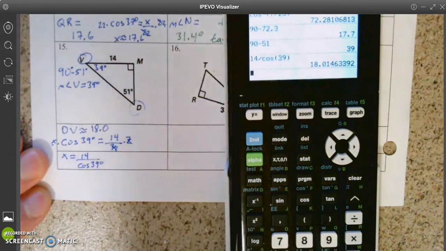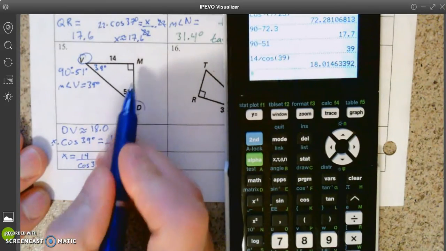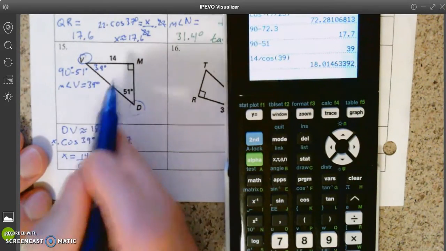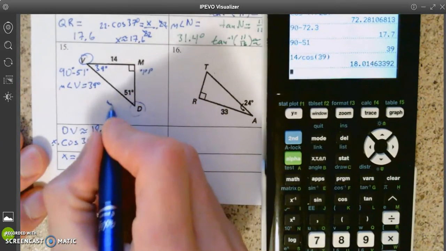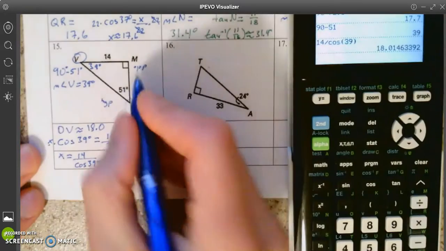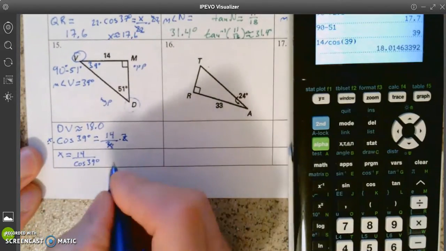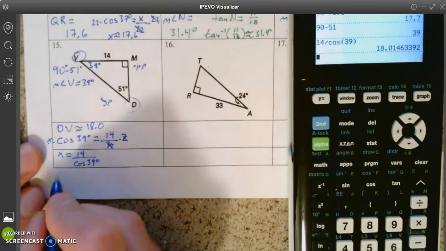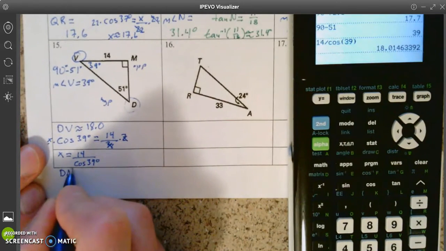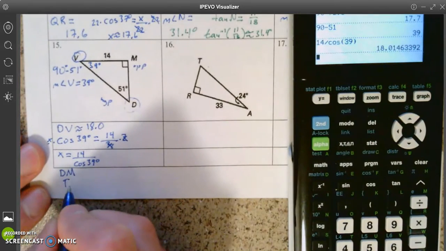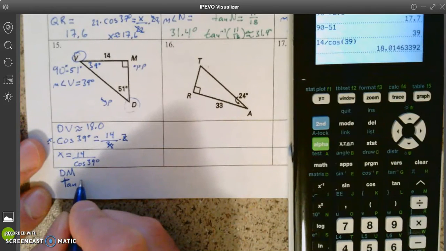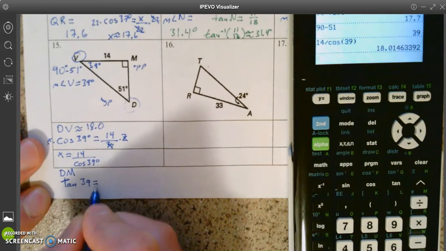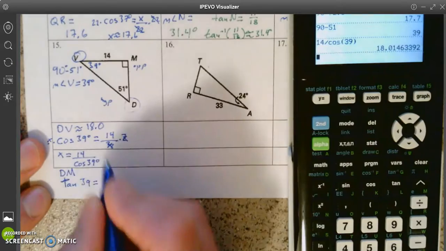Now to find this one here, opposite over adjacent, so tangent. This one's opposite, this one's adjacent. To find this side, let's say I'm finding DM. Tangent of 39 degrees is equal to opposite over adjacent.